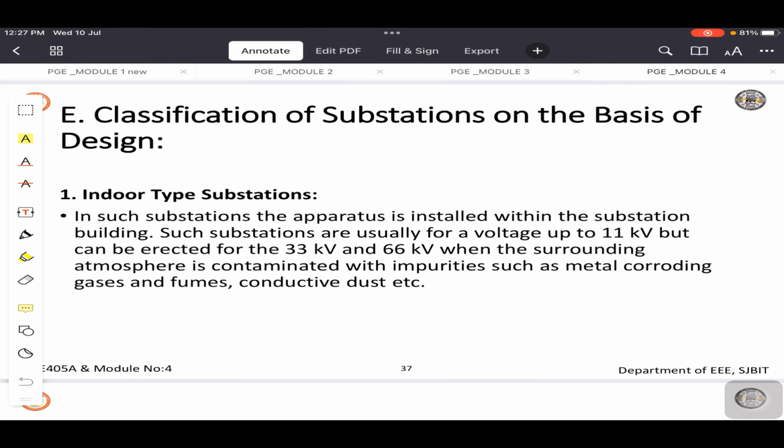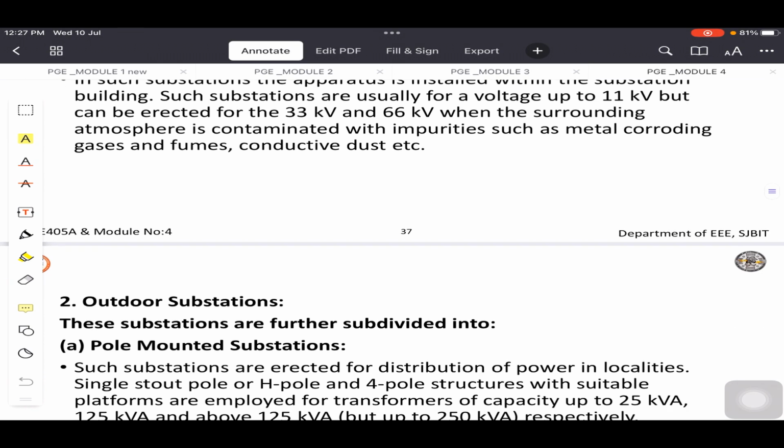Generally in indoor type substations, the apparatus is installed within the substation building itself. These substations can work up to 33 kV and 66 kV. We prefer such substations where there is a lot of contamination, impurities, and metal corroding gases. In such cases we can go for the indoor type.